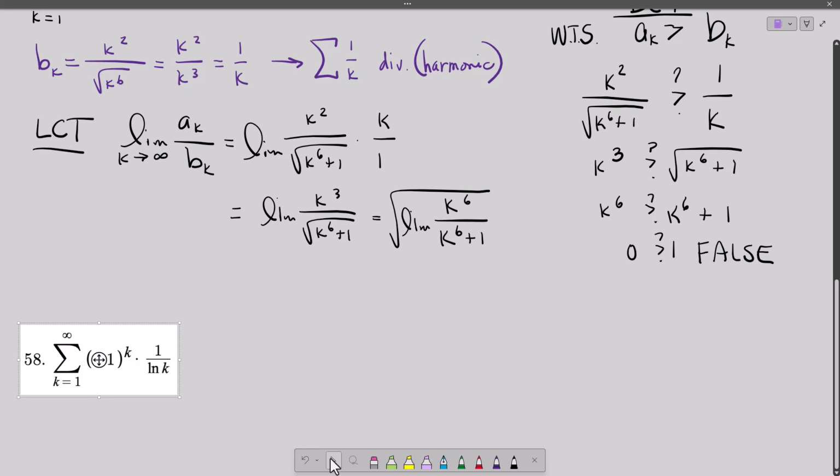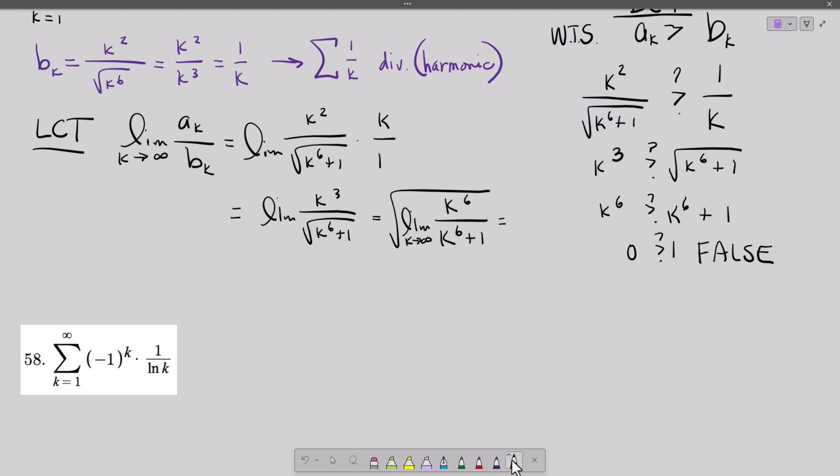Okay, and what is the limit here? Infinity? Nope. 0. Nope. Third time's a charm. 1. Right? So the limit is 1 as k goes to infinity.